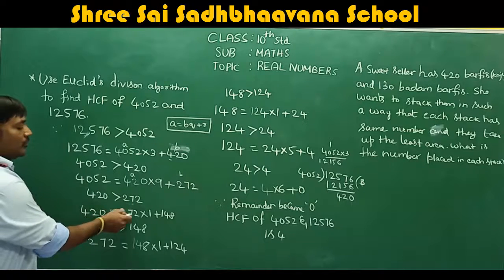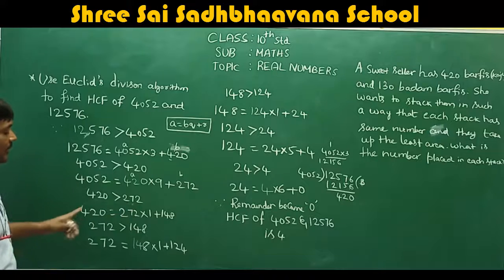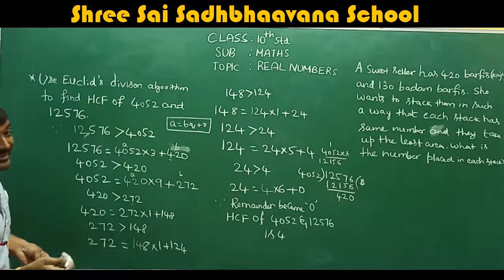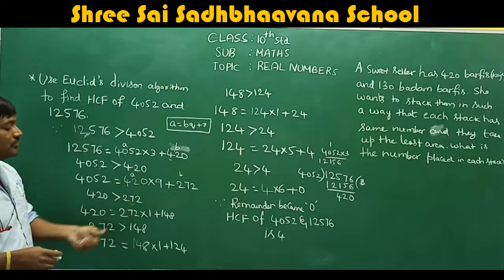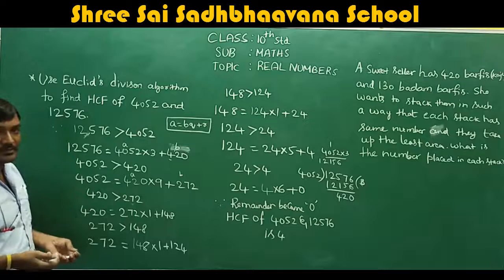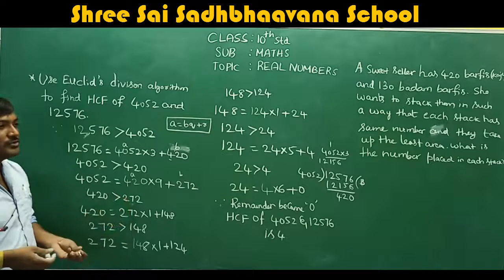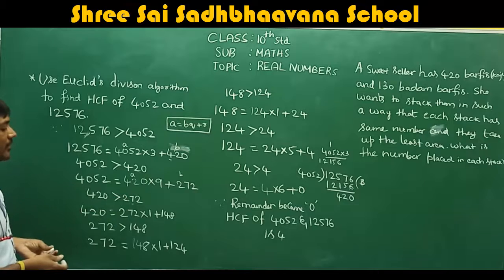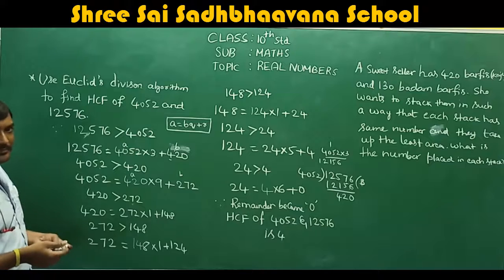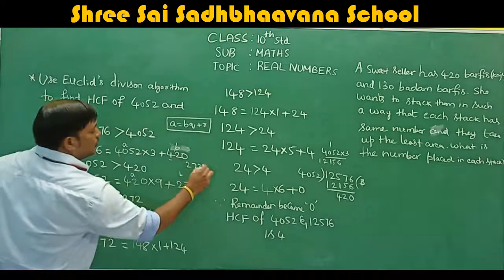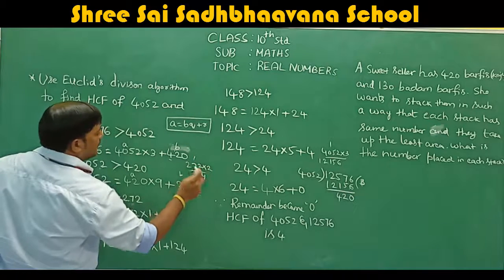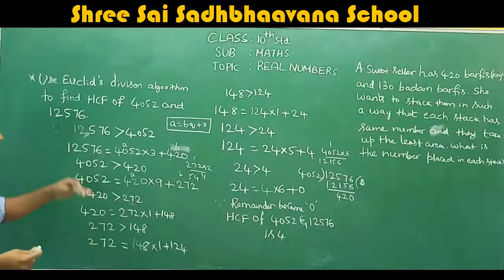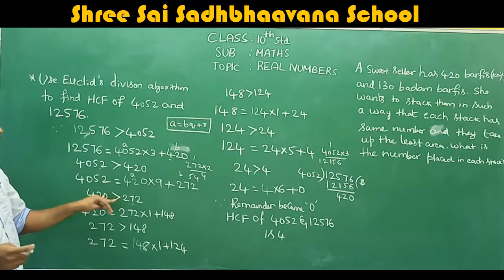So 420 is greater than 272. How many times does it go? 272 into 1 time only, because 272 into 2 will give you 544, which is obviously greater than 420.